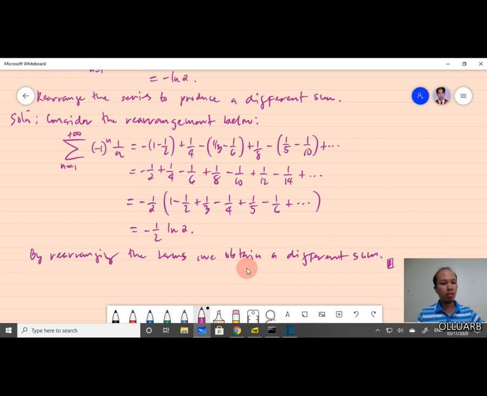Let me enumerate. Number 1, we have the divergence test. Number 2, we have the geometric series, and then telescoping series, and then the P series, alternating series, integral test, root test, ratio test, and also direct comparison and limit comparison test. Okay, all in all, we have 10 tests on how to show that a series is convergent or not.